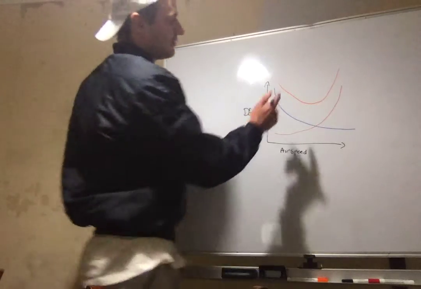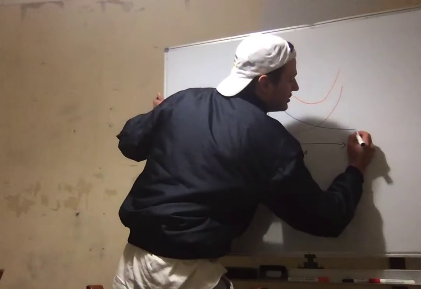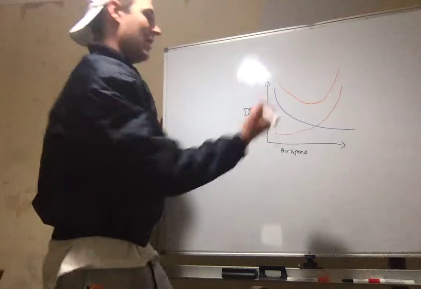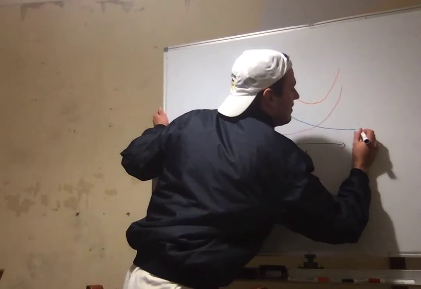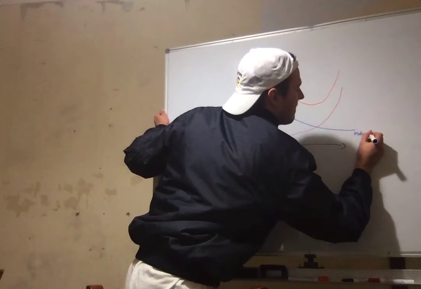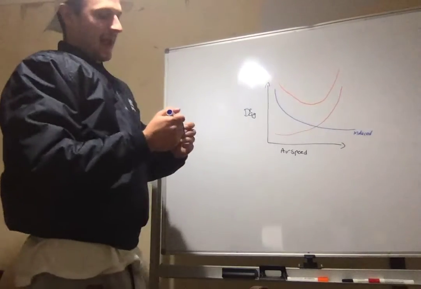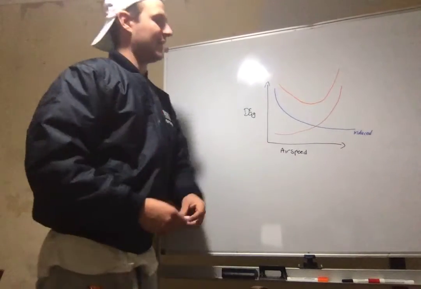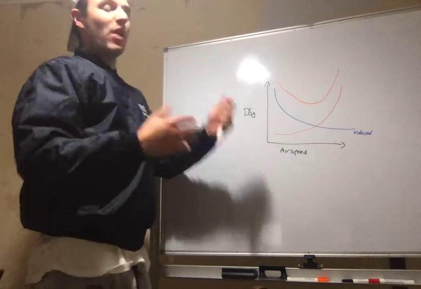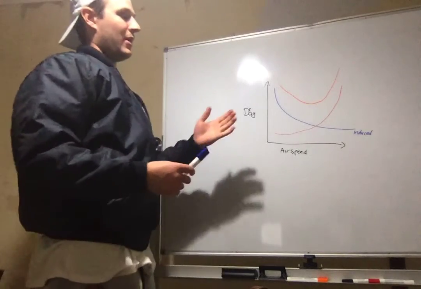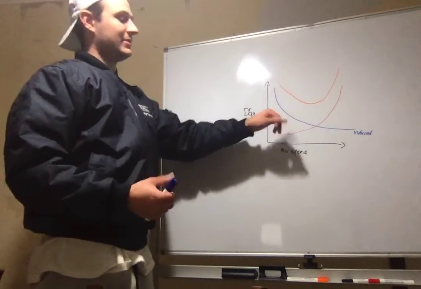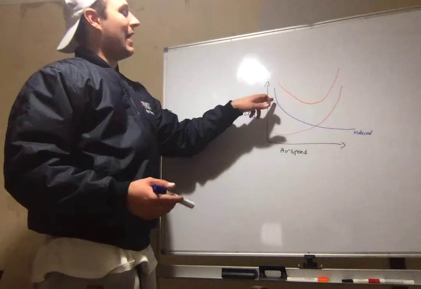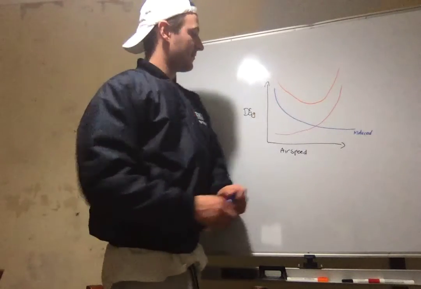So, we're going to talk about this one first. This is called induced drag. I'll write it down for you. Induced drag, and that, very briefly, is a byproduct of lift.